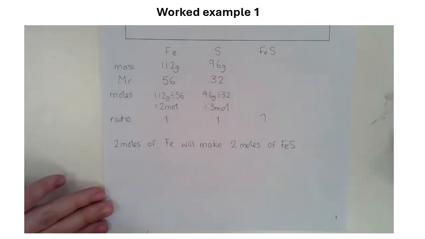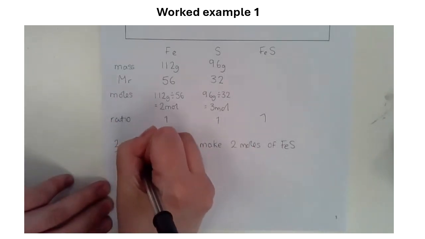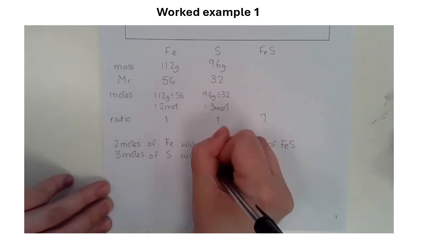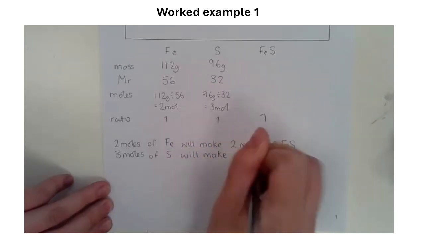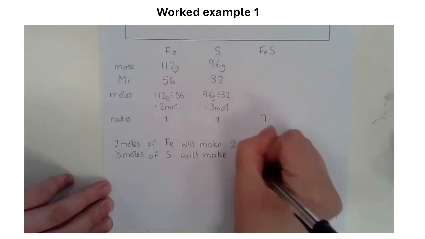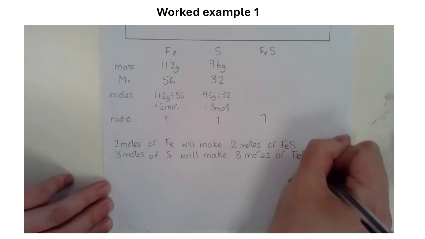And I'm now going to do the exact same thing with my sulfur. I'm going to apply my ratio. Now 3 moles of sulfur will make, with my 1 to 1 ratio between sulfur and iron sulfide, 3 moles of iron sulfide.